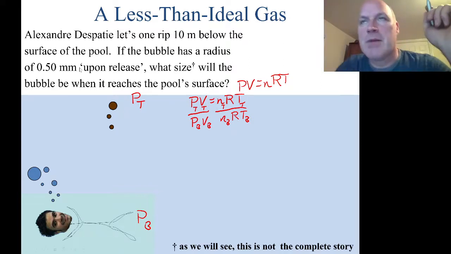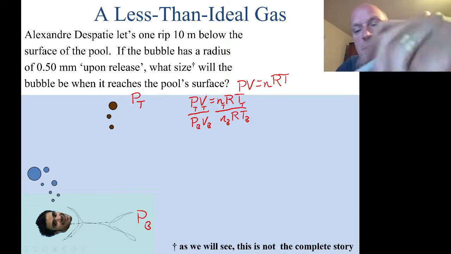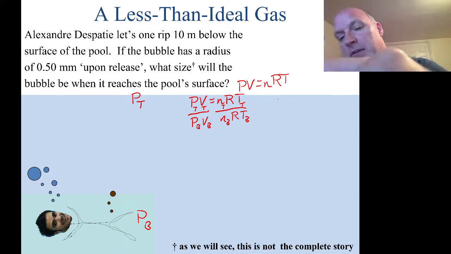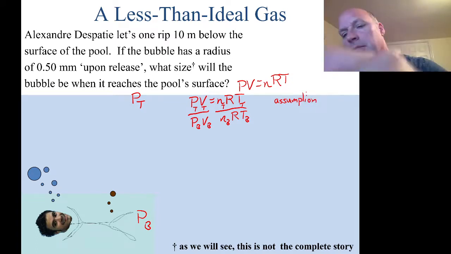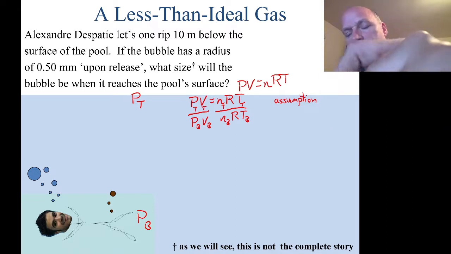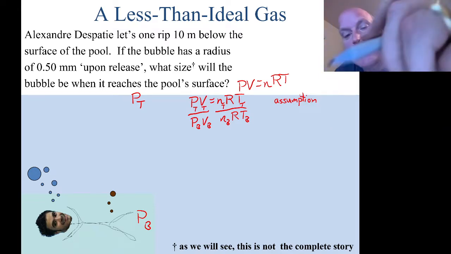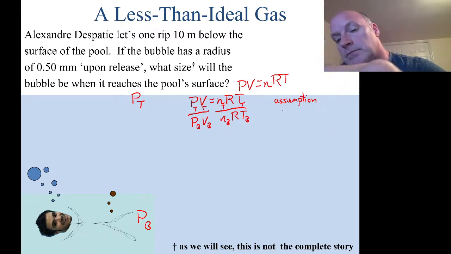Now, where do the assumptions come in? Well, the first assumption we're going to make, I'm going to write that down over here. Assumption 1. You don't have to write this down when you're solving the problems, okay? It's just for you to learn. Assumption 1 is that N top is equal to N bottom.